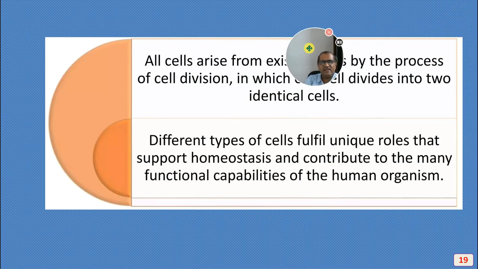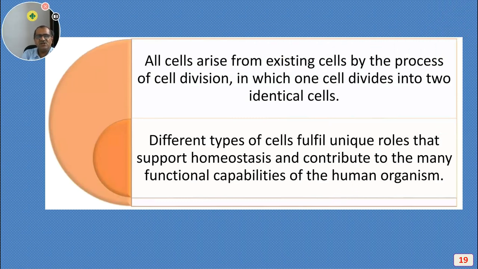So all cells arise from existing cells by the process of cell division. Every cell has to divide just after the formation of the gamete, in which the X and Y chromosomes meet and a new cell starts proliferating.